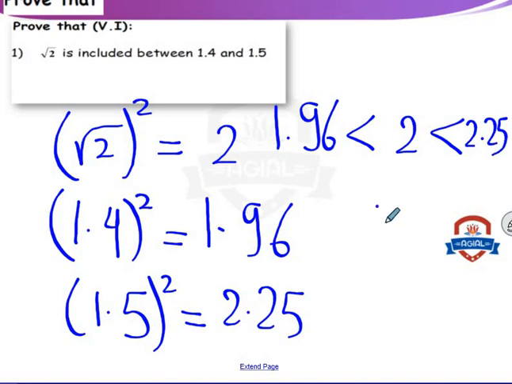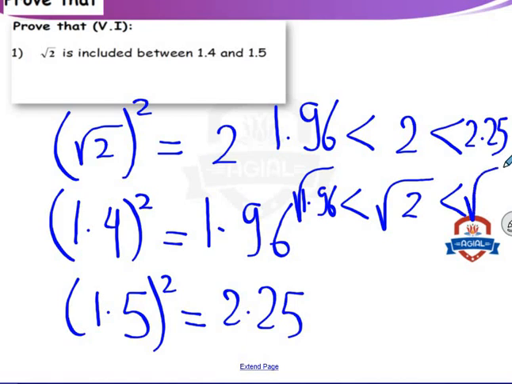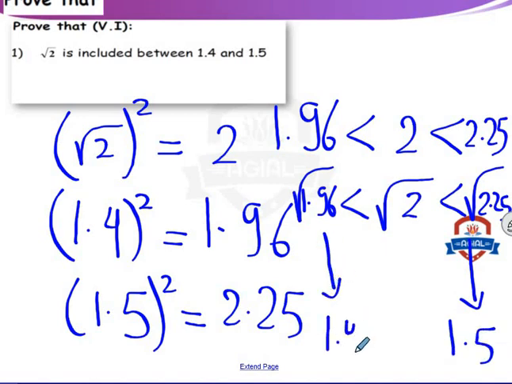So if we find the square root of 2, it will be in between the square root of 1.96 and the square root of 2.25. This will be 1.4, and this will be 1.5. So here the square root of 2 is between 1.4 and 1.5.